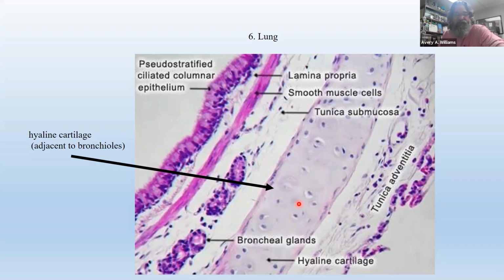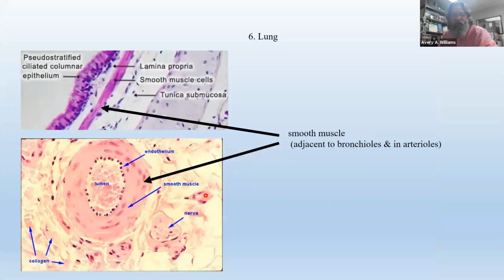So there you go. That's a nice example of it. Here's some of your PCC up there, your lamina propria, the underlying connective tissue, a little band of smooth muscle. There's some great tissues here. Good stuff. I think the main thing I'm trying to point out here is the hyaline cartilage.